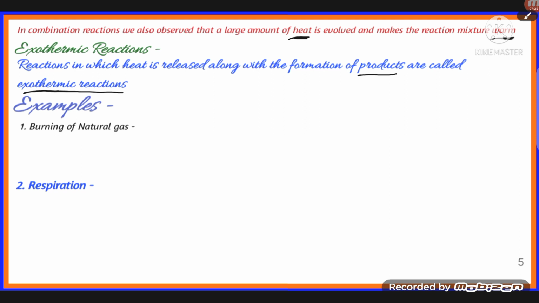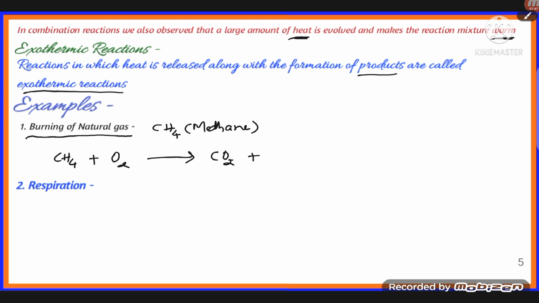Examples of exothermic reactions: burning of natural gas. Natural gas means methane, that is CH4. When methane reacts with oxygen, it produces carbon dioxide and water and heat.